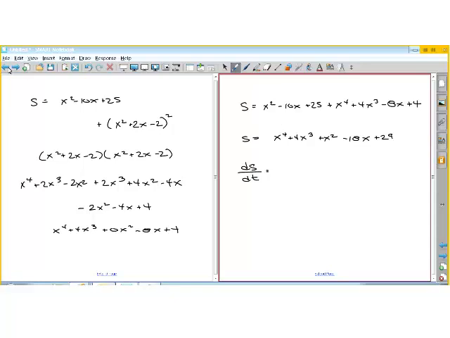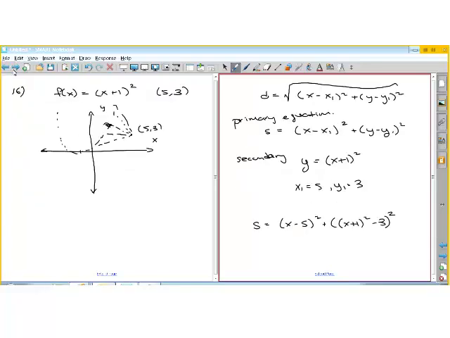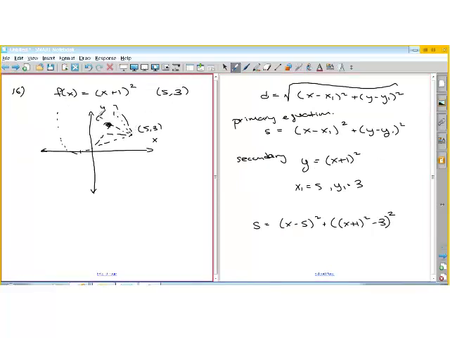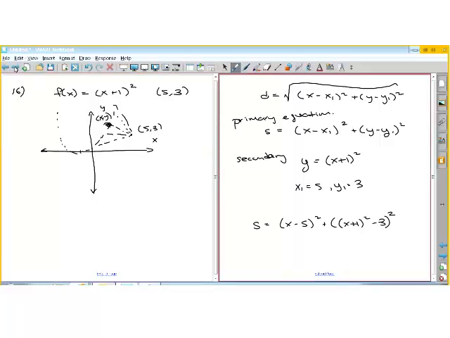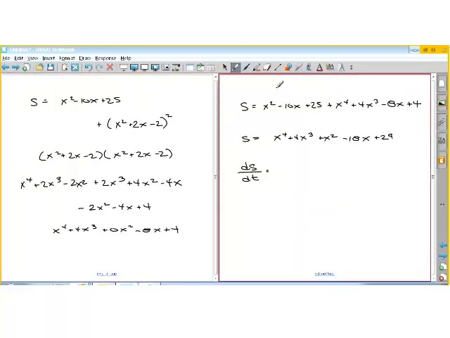Let's look at the domain. So this is point x, y. So x can be any number, and y has to be greater than 0. So we'll write that up here. Domain: x is all real numbers, and y has to be greater than or equal to 0.